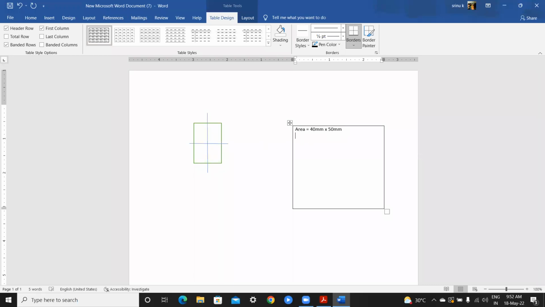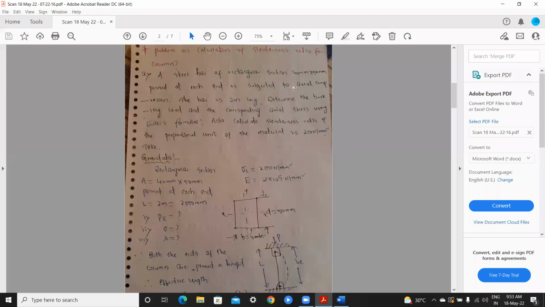This is the rectangular cross section. And the bar is 2 meter long.